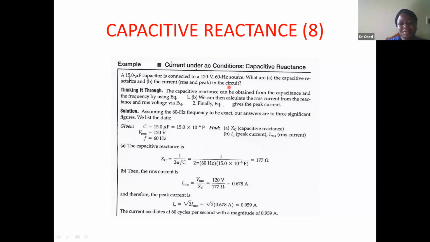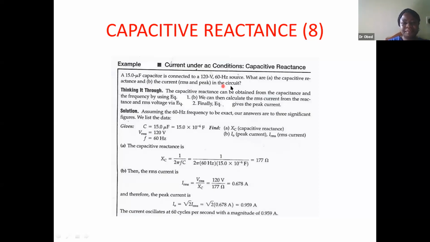Again, a microfarad capacitor is connected to a 120 volts, 60 hertz source. What is the capacitive reactance? And B, the current, RMS and peak in the circuit.